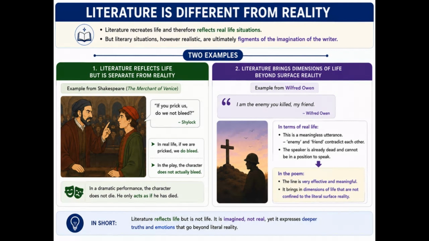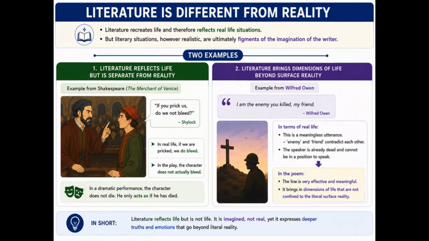In a dramatic performance, the character does not die. He acts as if he has died. So we can say that literature, when it comes to drama, is a make-believe situation. Literature is considered to reflect life but also deviates from reality.